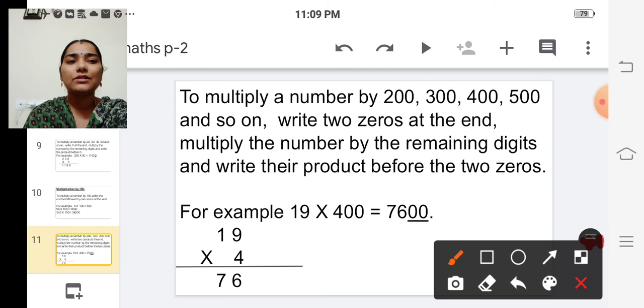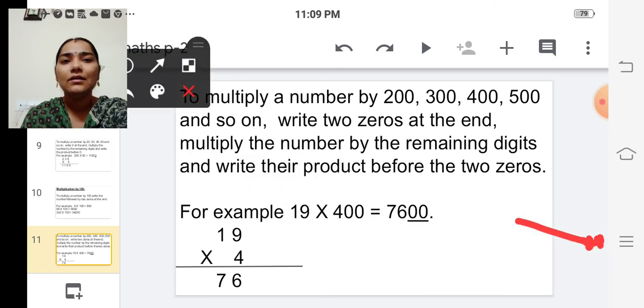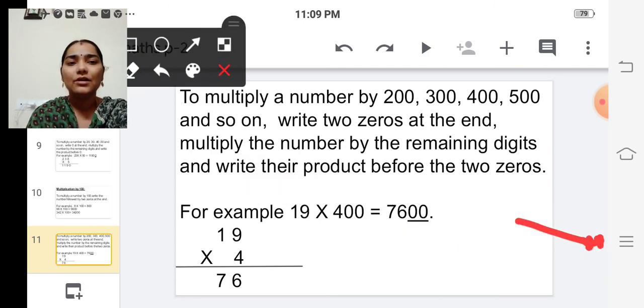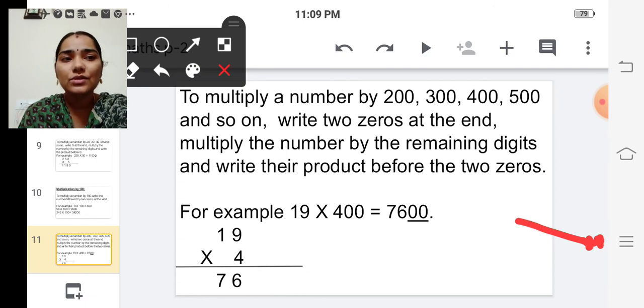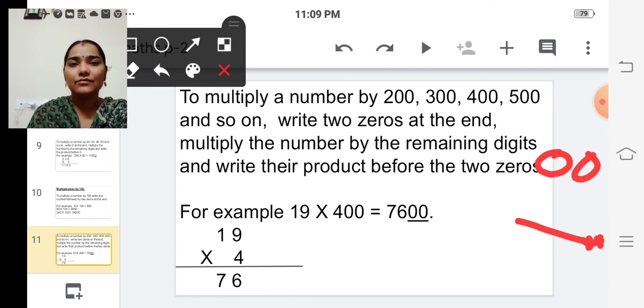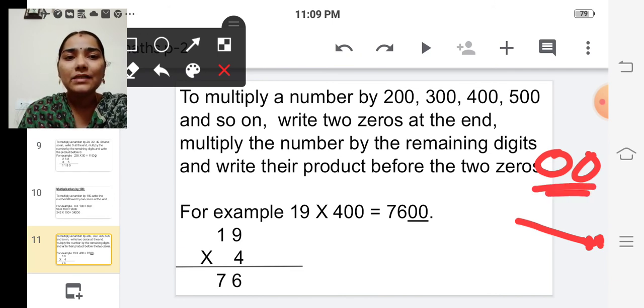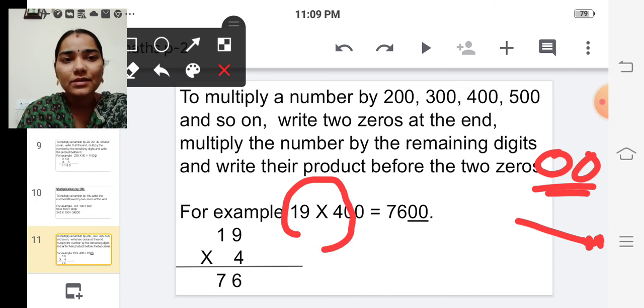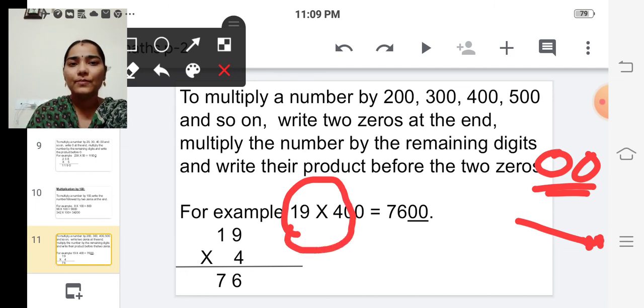So we are going to multiply 19 by 400. So write 2 zeros at the end first. Okay, in the first step, write 2 zeros at the end and multiply the remaining numbers. That is 19 into 4.